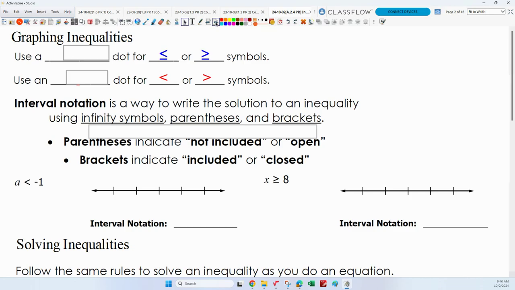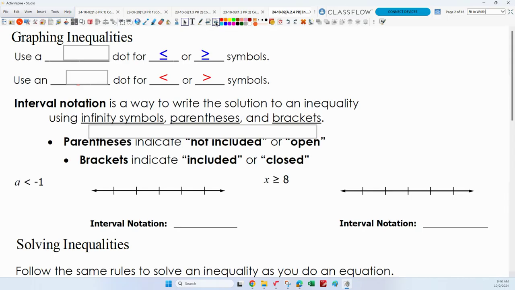When we want to graph inequalities or write inequalities, there are really 2 different ways that we're going to write these. Using regular inequalities, which we'll call inequality notation, where we actually write inequality symbols down. And then I'll show you another one called interval notation, which is really handy.